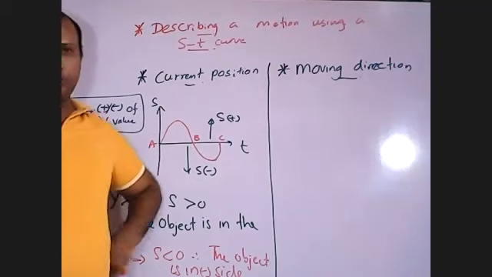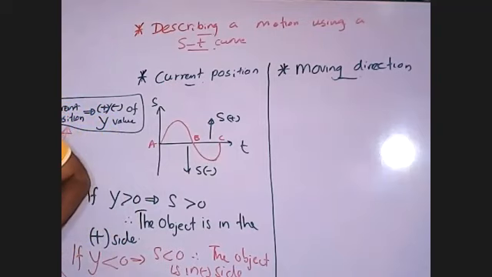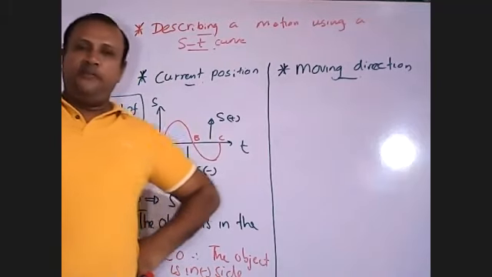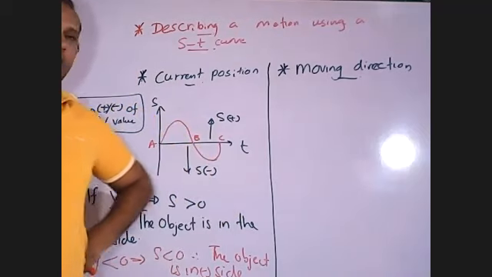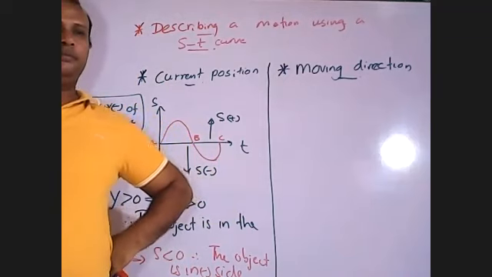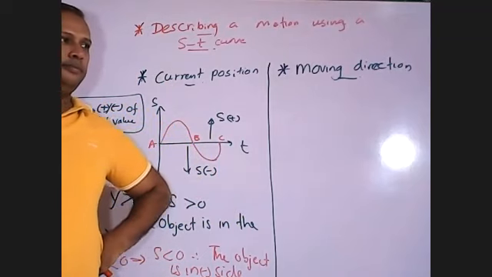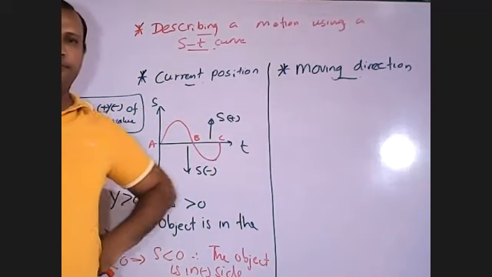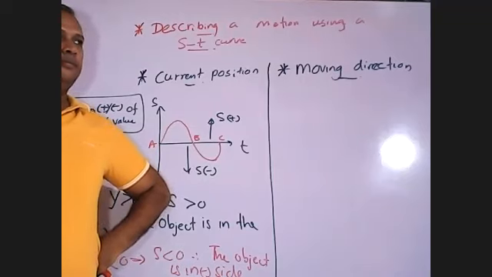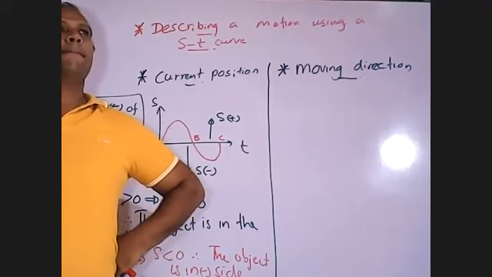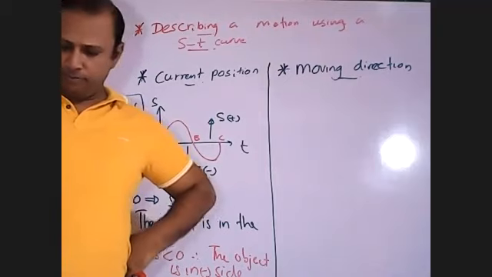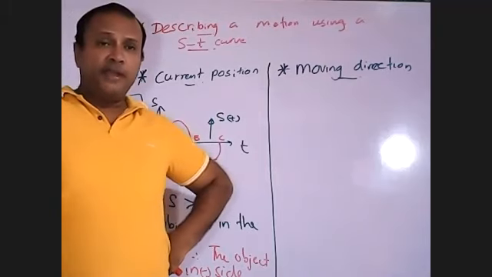Right under that, don't write anything else. If we need to describe a linear motion, we have to determine the following factors.